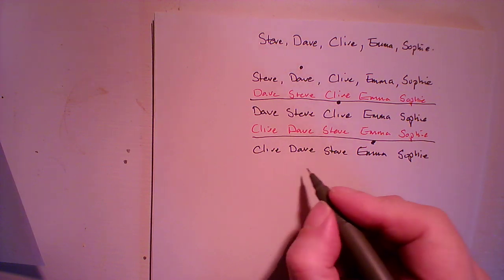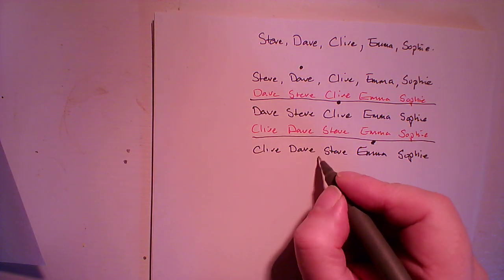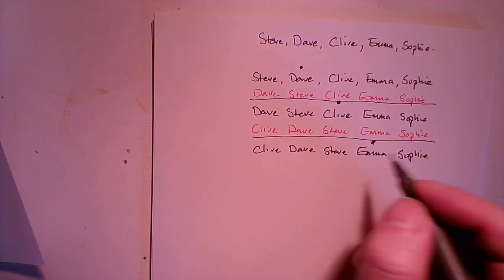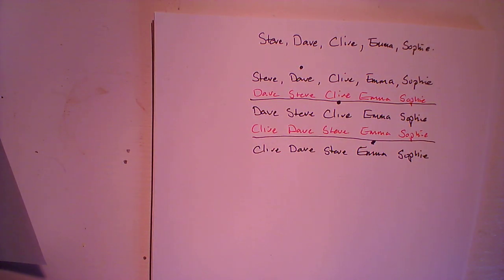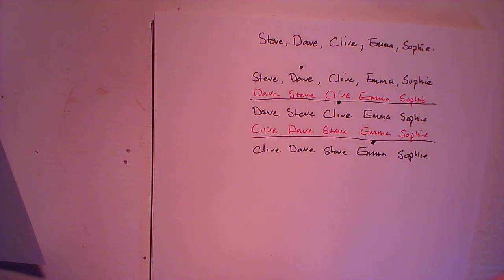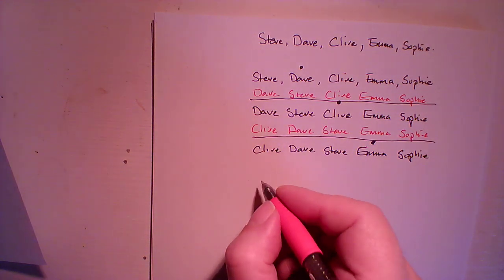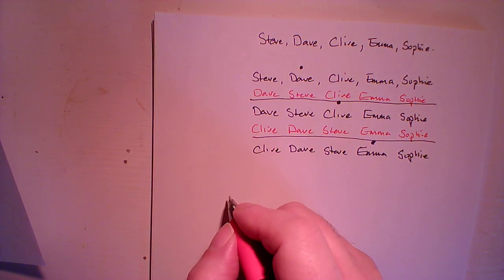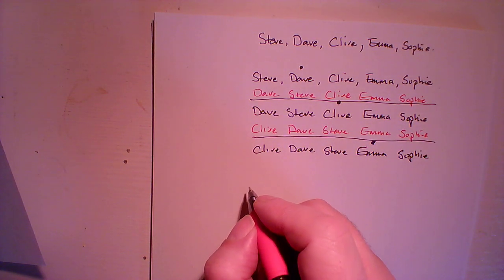Just got to put it in the correct position, which would be here between Dave and Steve. Now this is, when you're programming, that's probably the hard part, is finding where to insert it, but we don't worry about that when we're doing the diagram. We just place it in there as though there's no problem.